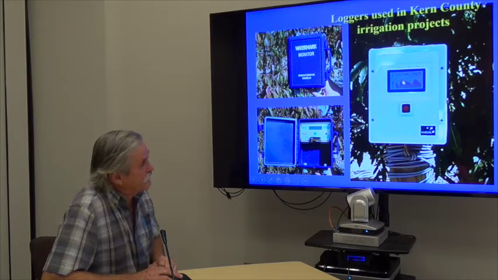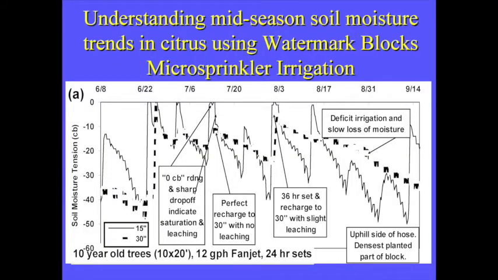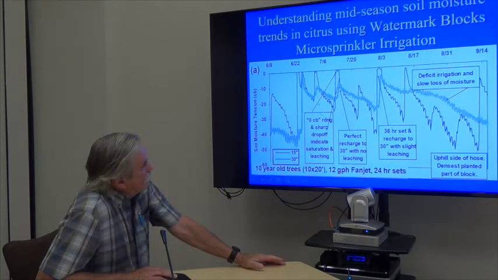Here's an irrigation, here's depletion, irrigation, depletion. So when you look at the season long for this particular citrus block, here are the readings at a 15-inch and 30-inch depth, showing perfect recharge every irrigation.